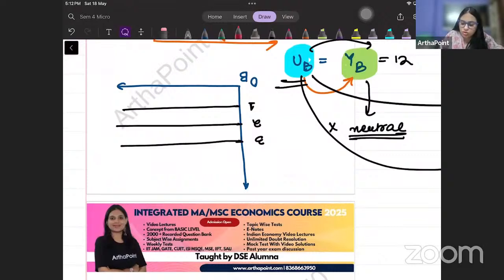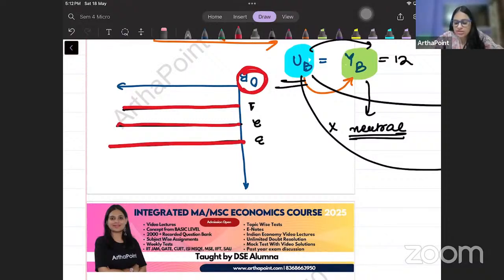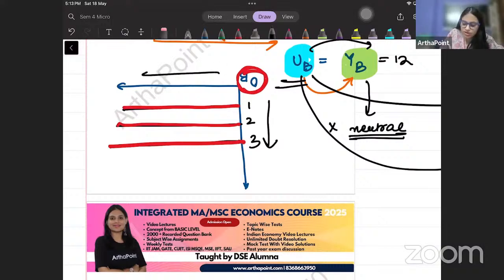So try to see. If this is the origin of individual A now, अगर ये उसका origin है, तो his ICs will look like this. ये हो जाएगा amount 1, 2, 3 and so on. And this is good X. Right? And this is his indifference curve.